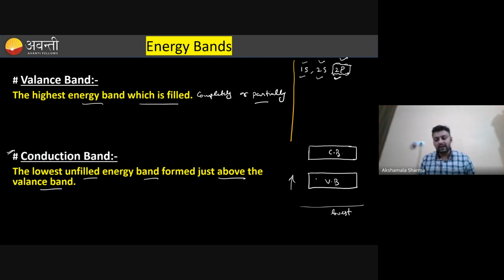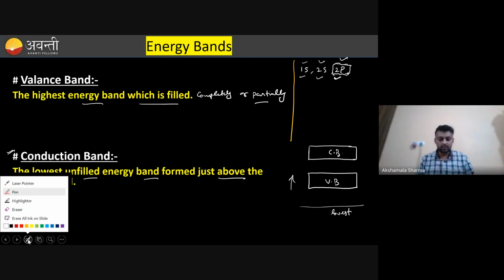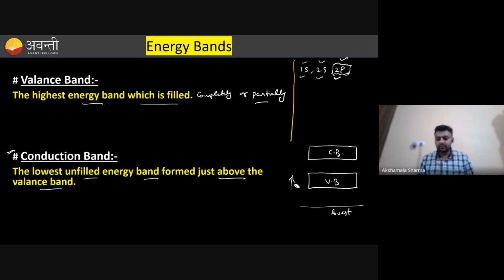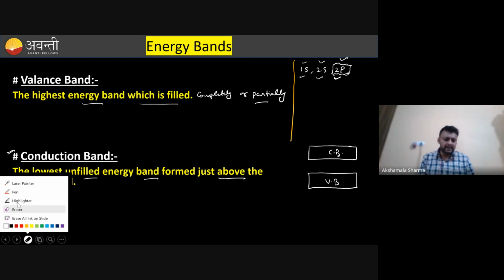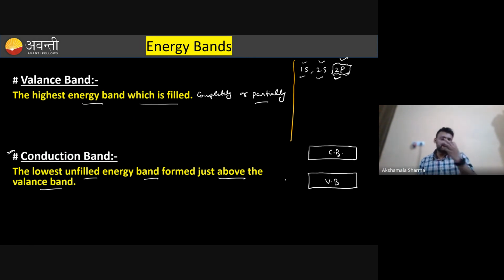So the valence band will have low energy and the conduction band will have higher energy, because the conduction band is the band of higher energy levels. Clear? So make it clear in your mind that the valence band and conduction band are drawn like this. Clear?